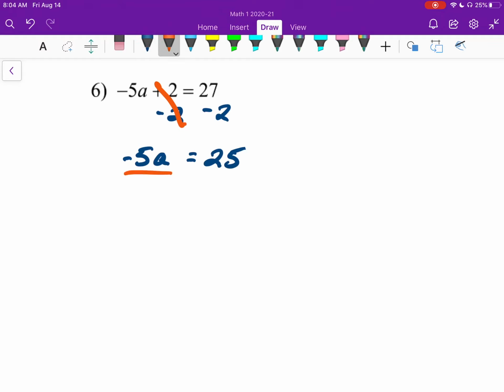Now I'm going to divide both sides by negative 5. My negative 5's on the left cancel, and I'm left with a equals positive 25 divided by negative 5, so I know it's going to be a negative. 25 divided by 5 is 5.